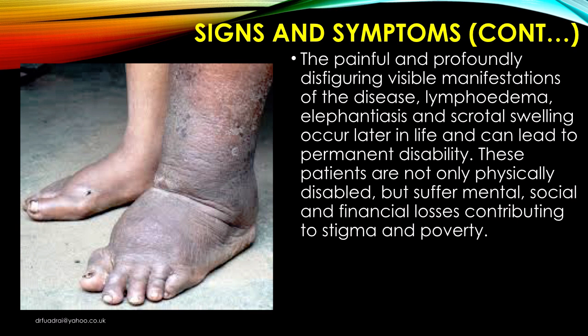There could be hematuria, there could be inflammatory granuloma or abscesses, pain in the testes, and there could be epididymo-orchitis. And when it turns chronic, there could be epididymo-orchitis, hydrocele, lymph varices, and elephantiasis.